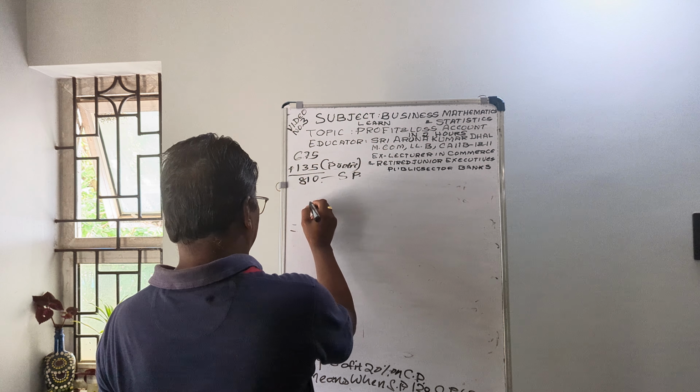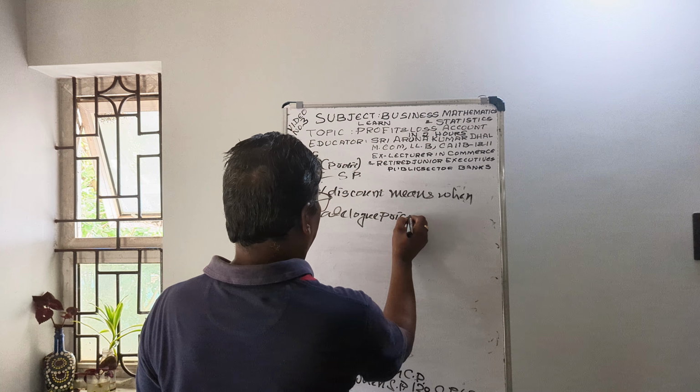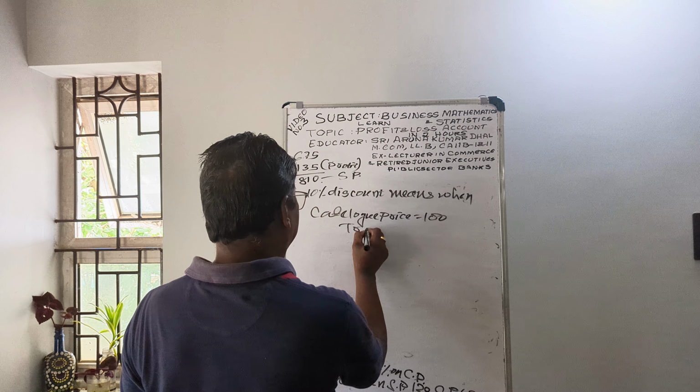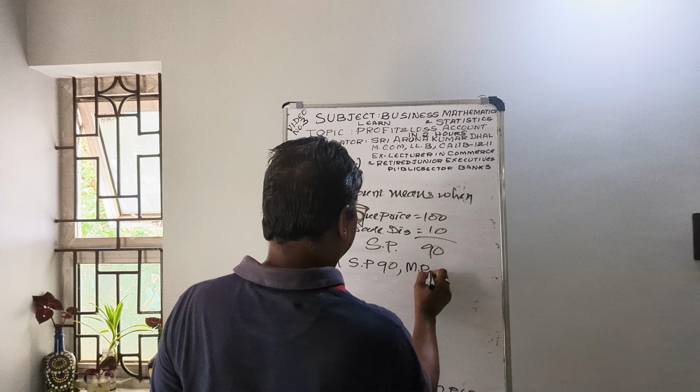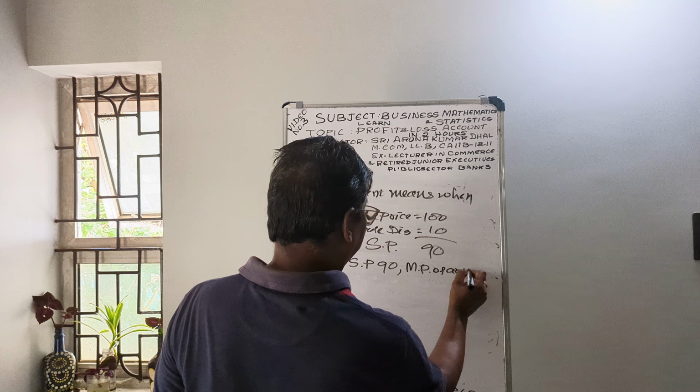So 10% discount means when the catalog price or list price is 100, this trade discount is 10. So sales price is 90. Here sales price is given as 810. When SP is 90, the catalog price or mark price of the article is 100.